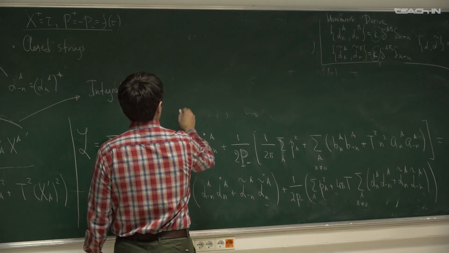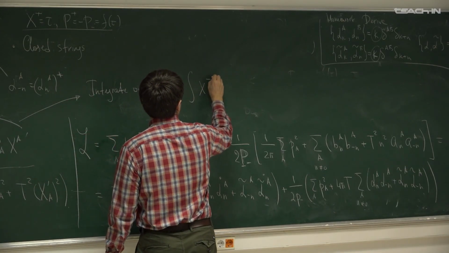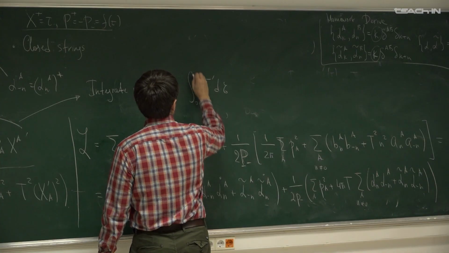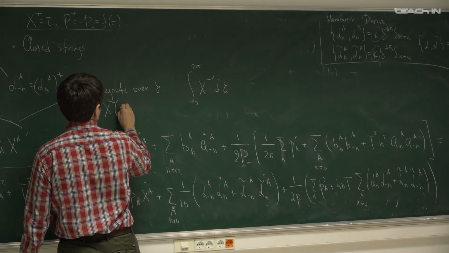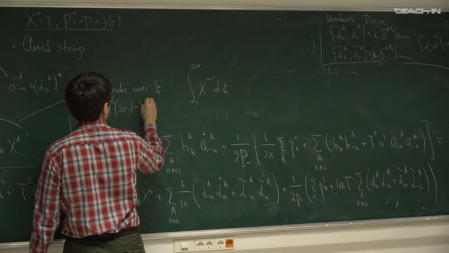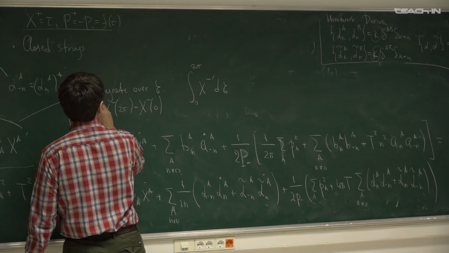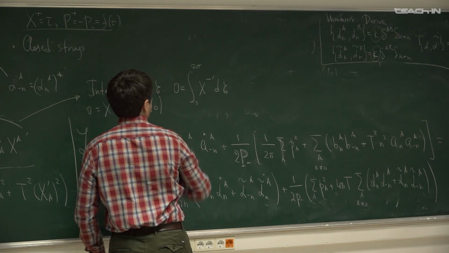And you get the integral of x minus prime d sigma from 0 to 2 pi. All variables are assumed periodic, including x minus. So this is 0, so this has to be 0.